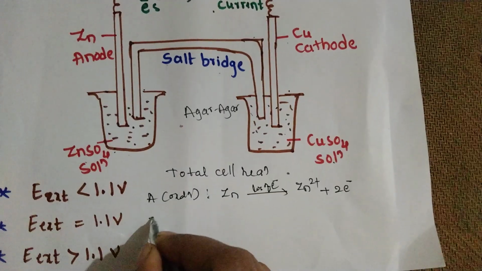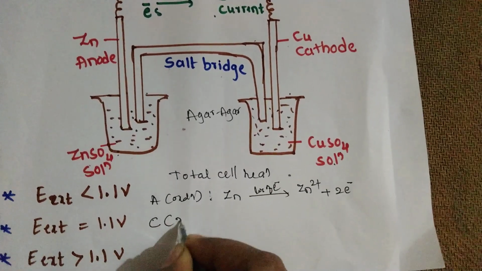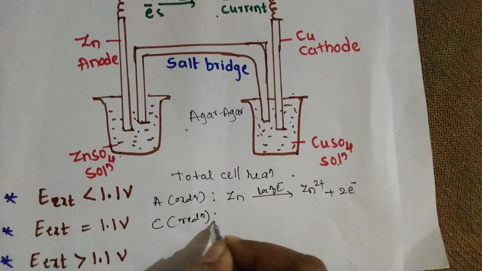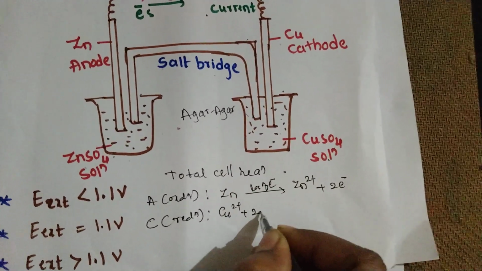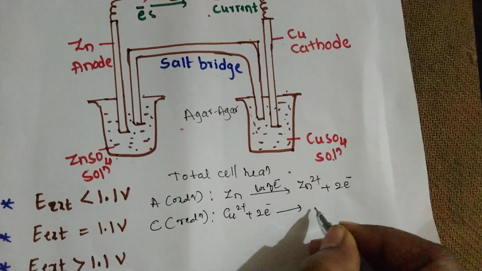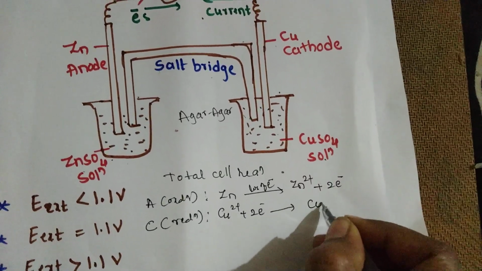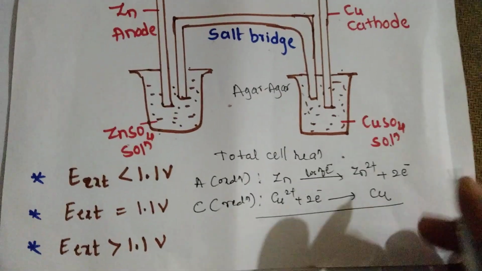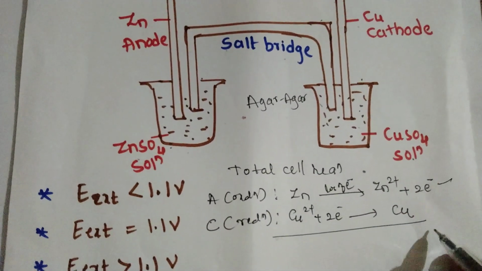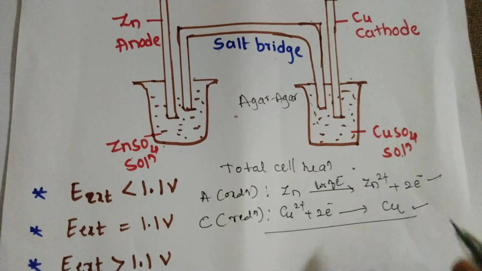At the cathode the reduction occurs, that is Cu2+ plus 2 electrons, by gain of electrons, becomes Cu. This is called a half cell reaction, and this is the other half cell reaction.